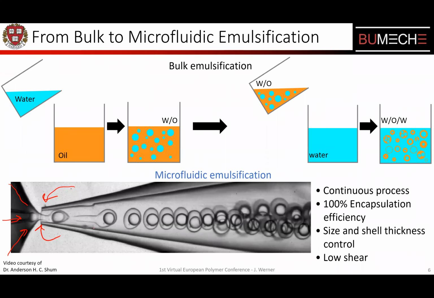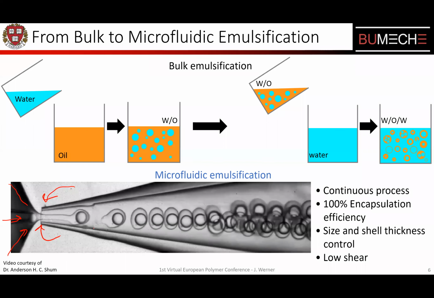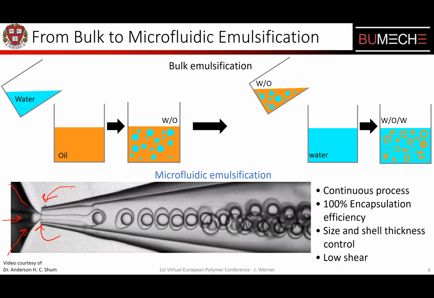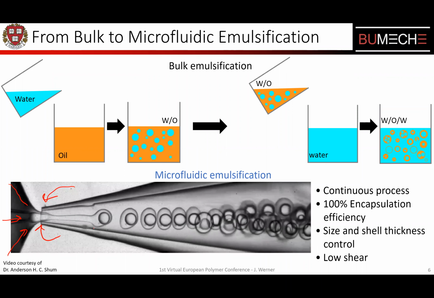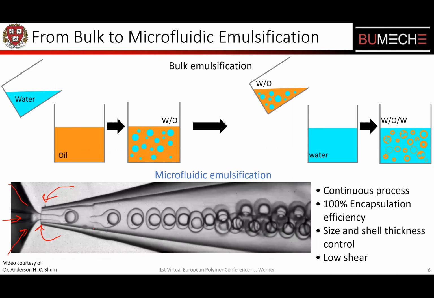And if you think about biologics, which makes it interesting even for somewhat scaled up production of these drops and capsules, the shear rates that the liquids are exposed to in these microfluidics is often much lower than what you find in high shear processes in bulk emulsification.